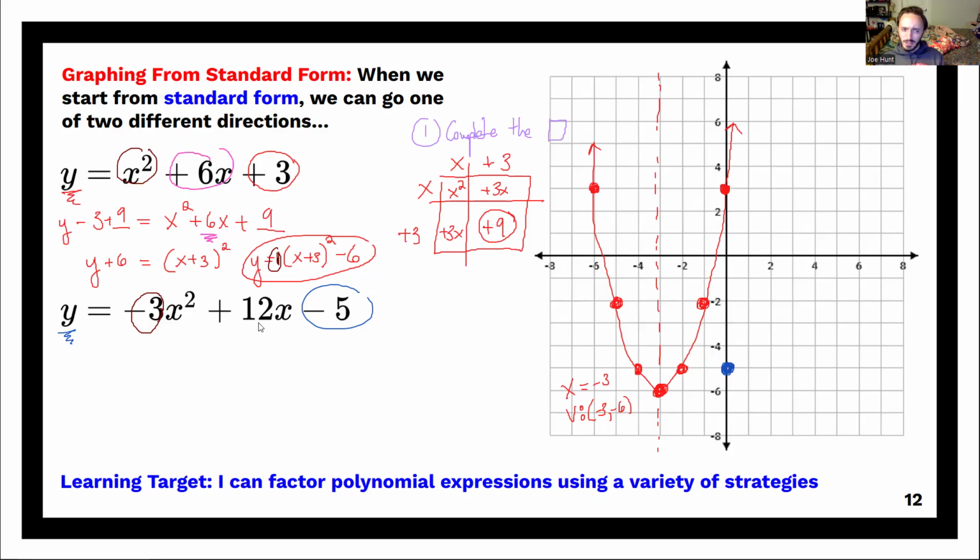So that might ultimately tell me that my vertex is somewhere at like -6 comma something. If I want to find that y value, I can just plug the x value back into the equation and evaluate it out. Now, I'm going to pause the video and complete the square here real fast off screen, just so you can see what this is going to be in vertex form, and we can kind of illuminate that connection just a little bit further.